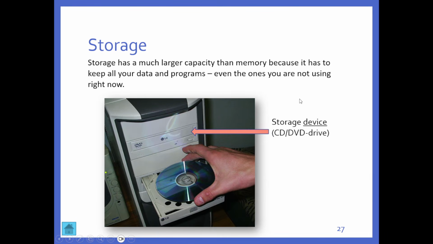But what it's basically showing you is this is the device that I'm going to use to put information onto this disk. This is the storage medium. This is the disk where the information is going to be stored. Okay, so please, those two terms you need to know. The storage device, that's why they've got the drive over there, and the medium, in other words, what's going to be used to store the actual files.